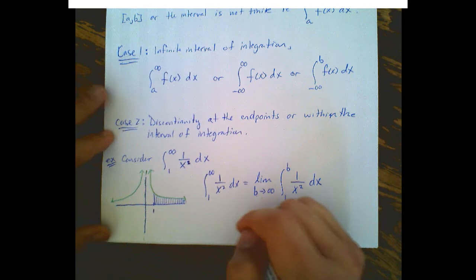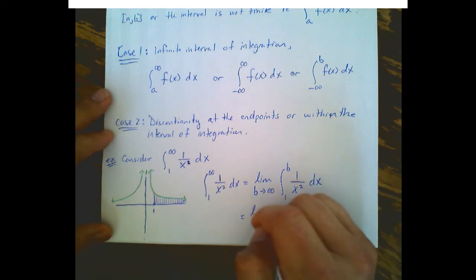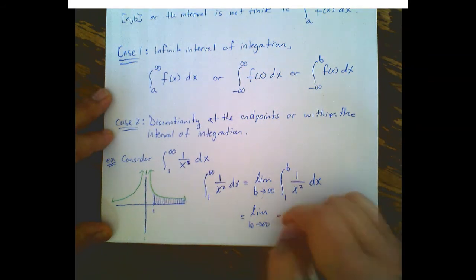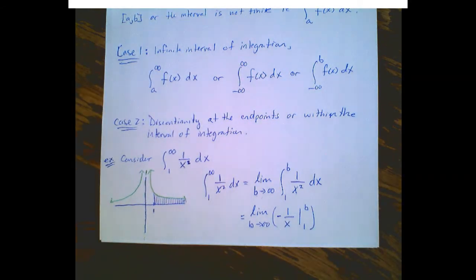So let's see what we get. We can anti-differentiate 1 over x squared. Well, this is x to the negative 2, so we increase the power and divide. So that would be the limit as b goes to infinity of negative 1 over x from 1 to b.